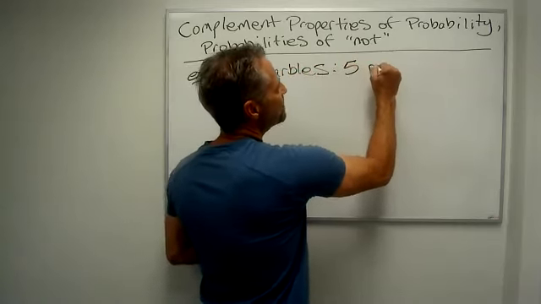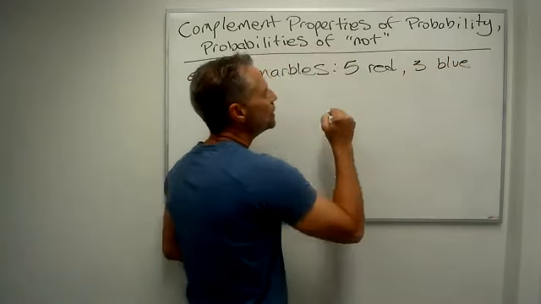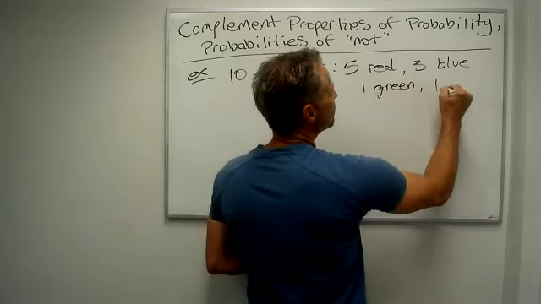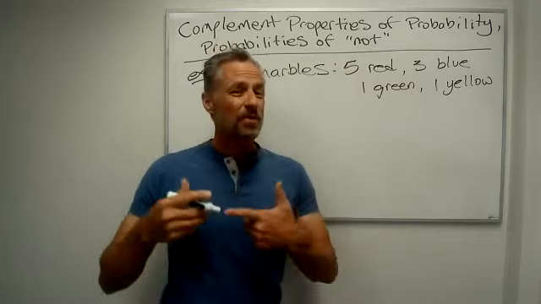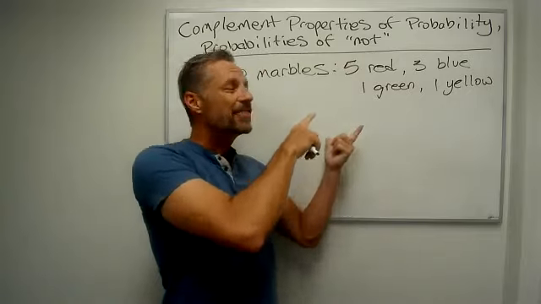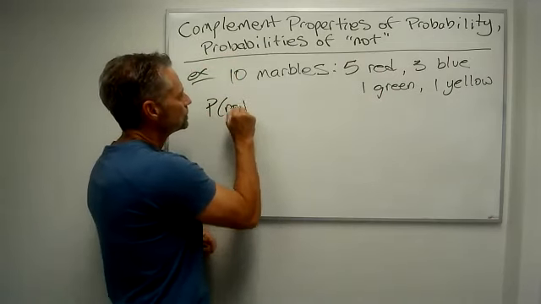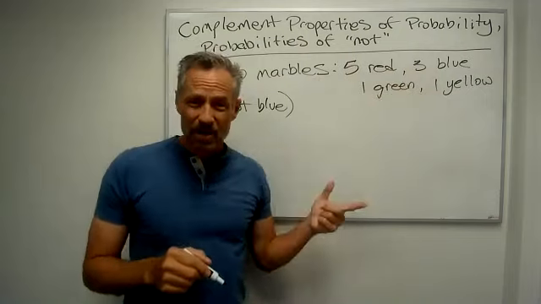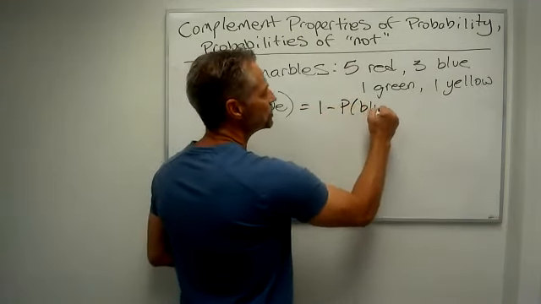And let's say 5 are red, 3 are blue, 1 is green, and 1 is yellow. And let's say we want the probability that the marble we pick is not blue. Well, we could add up all the other colors, or we could just say, oh, that's 1 minus the probability that it's blue.